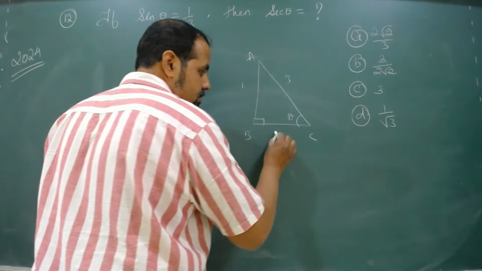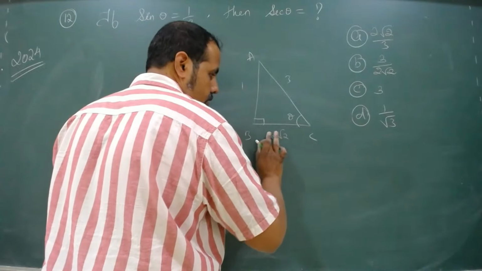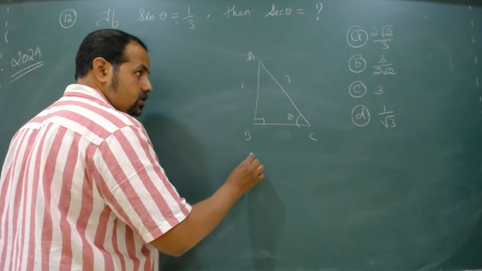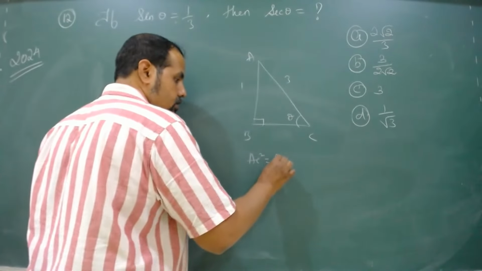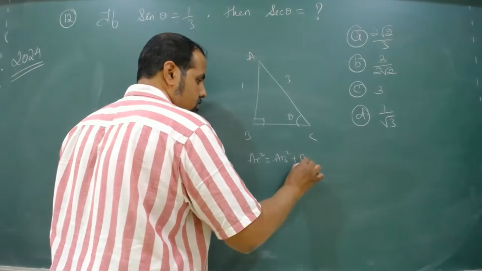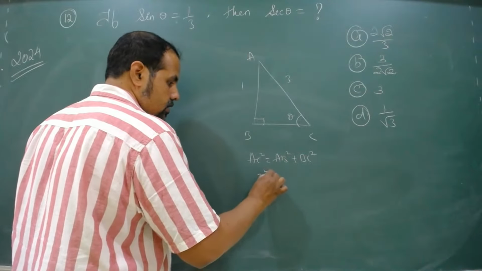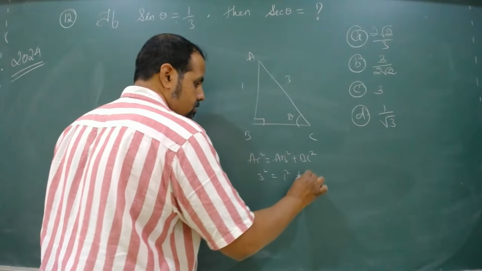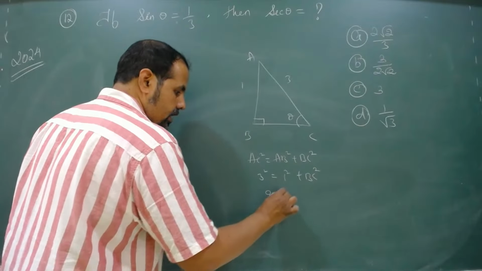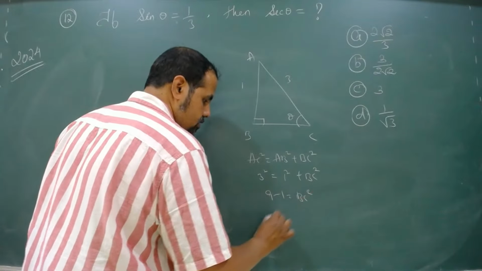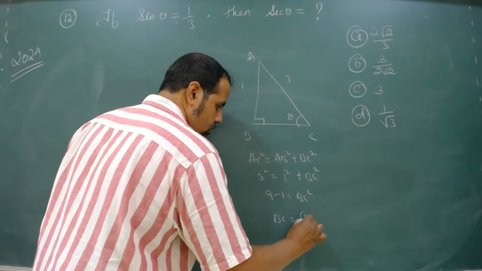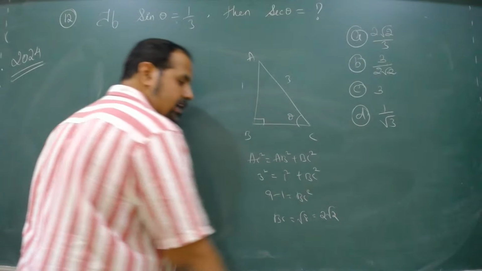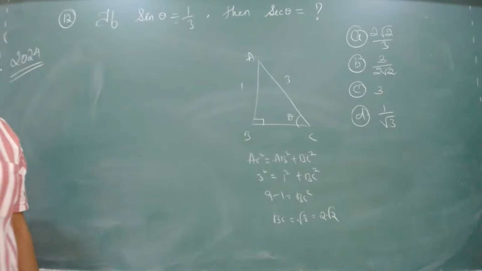Using Pythagoras theorem here, AC square is equal to AB square plus BC square. 9 is equal to 1 square plus BC square. 9 minus 1 is equal to BC square. BC is equal to root 8. Root 8 can be written as 2 root 2.